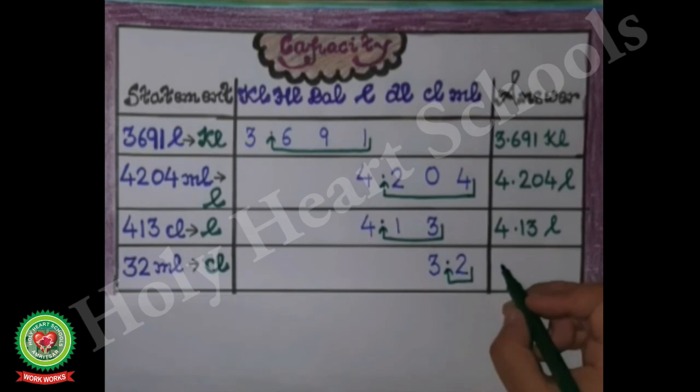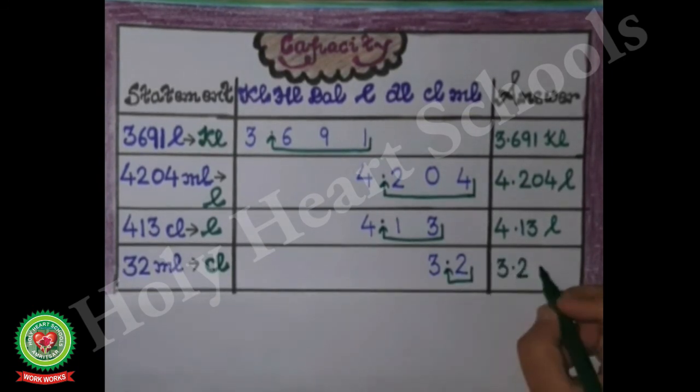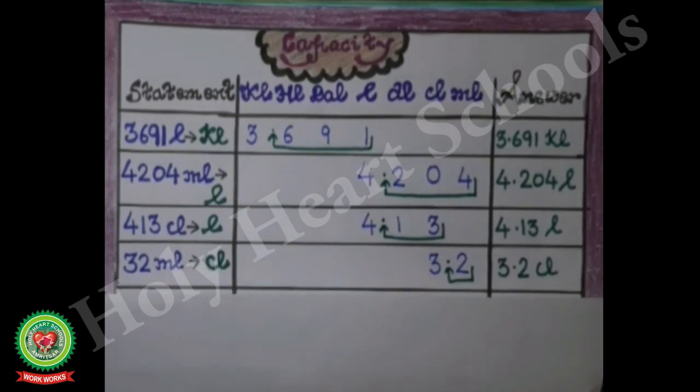So what is the answer? 3.2 centiliters. Students, when we were converting higher unit to lower unit, we were putting zeros.